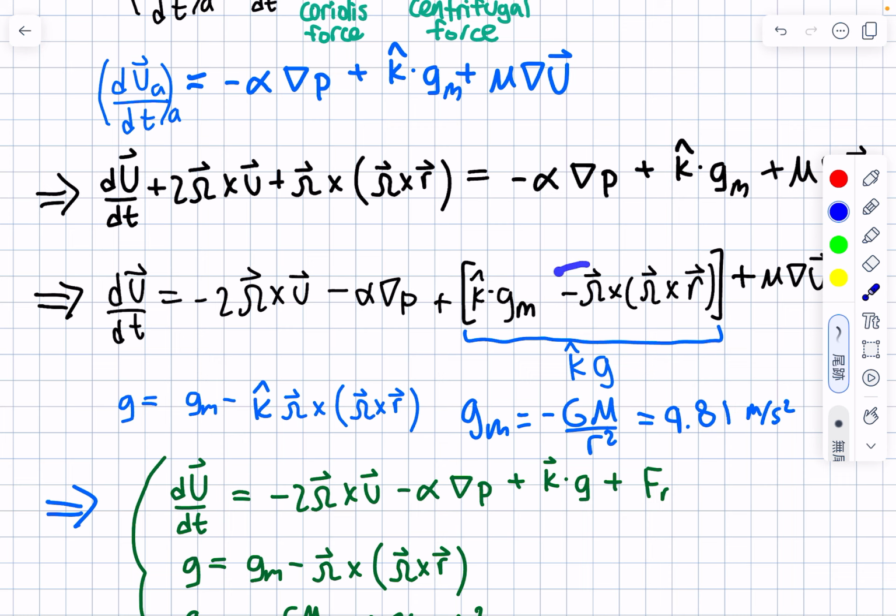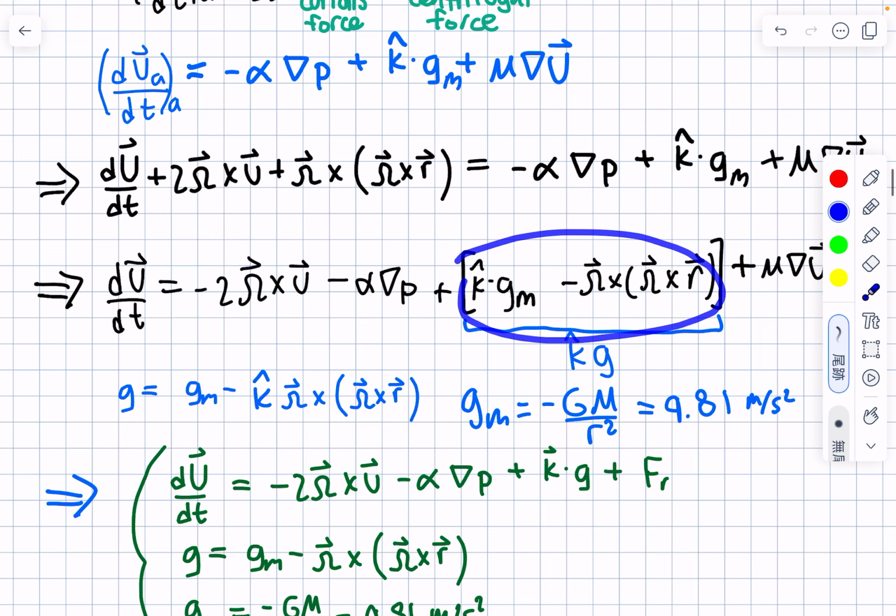And we can also include this centrifugal force inside of this term, and we will call the entire term k dot g. So this force only occurs in the z line of the atmospheric equation, and g is a combination of the force of gravity and centrifugal force.